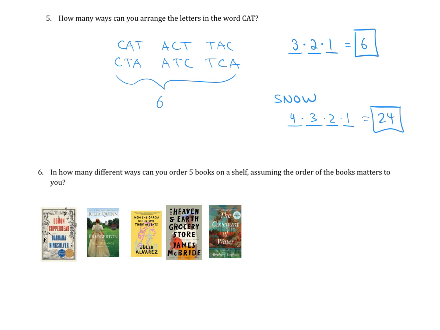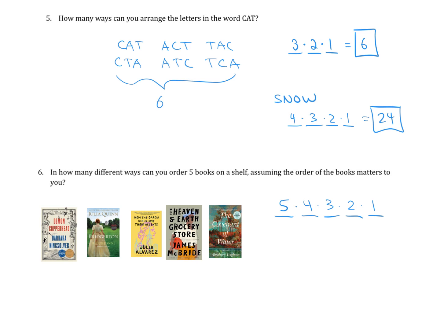So the number of ways to do this, when I choose my first book, I have 5 to choose from. And once I've put one of the books on the shelf, then I'm down to 4 to choose from, and then I'll be down to 3 to choose from, and then 2, and then 1. So this is similar to arranging the 3 letters in the word cat.